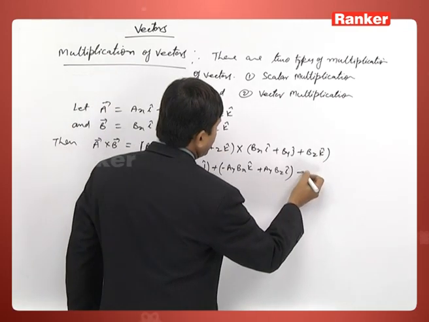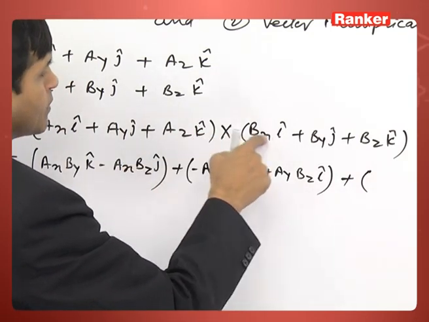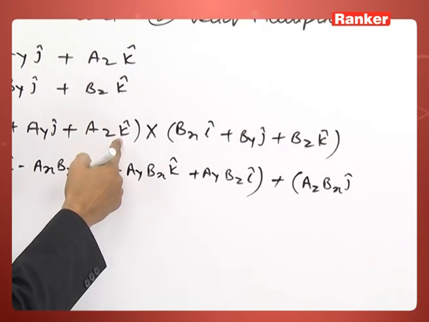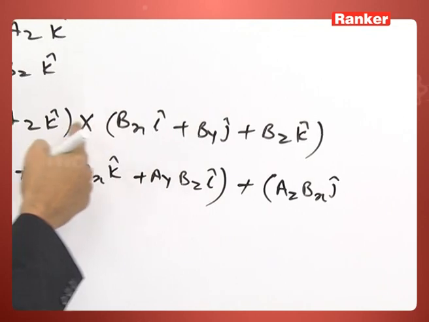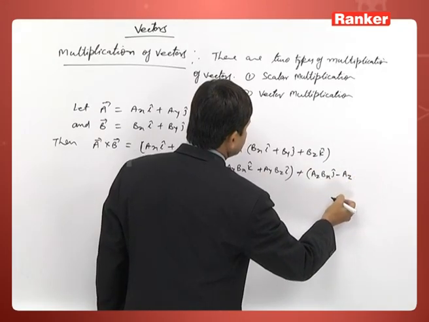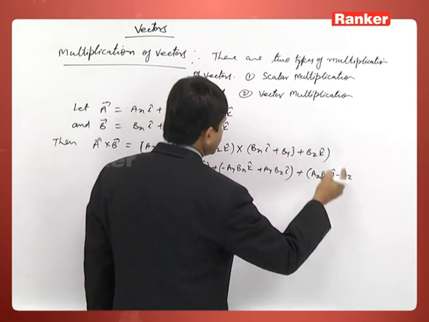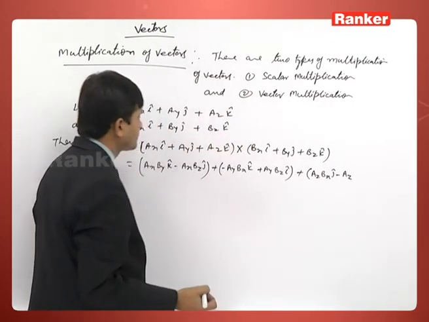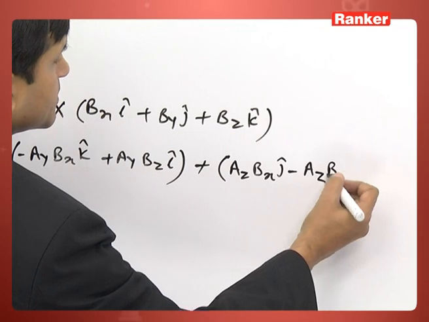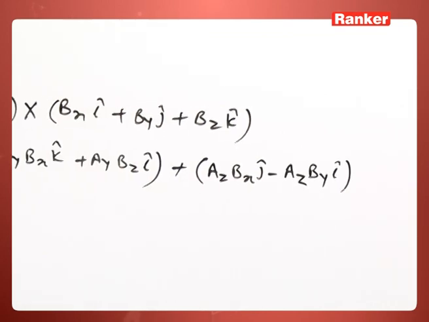Then for this k, in this k, az bx, k cross i is j, so az bx j cap. k cross j will be here minus i, so minus az by i cap.